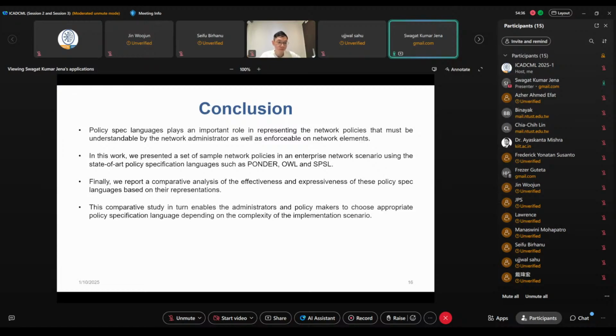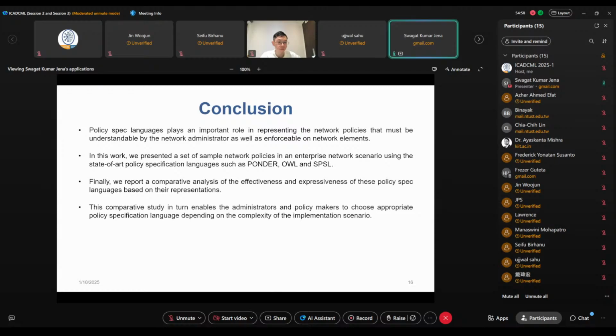And we presented a comparative analysis of the effectiveness and expressiveness of each policy language based on their representation. This comparative study in turn enables the administrator and policymakers to choose the appropriate policy specification language depending on the complexity of the implementation scenario.